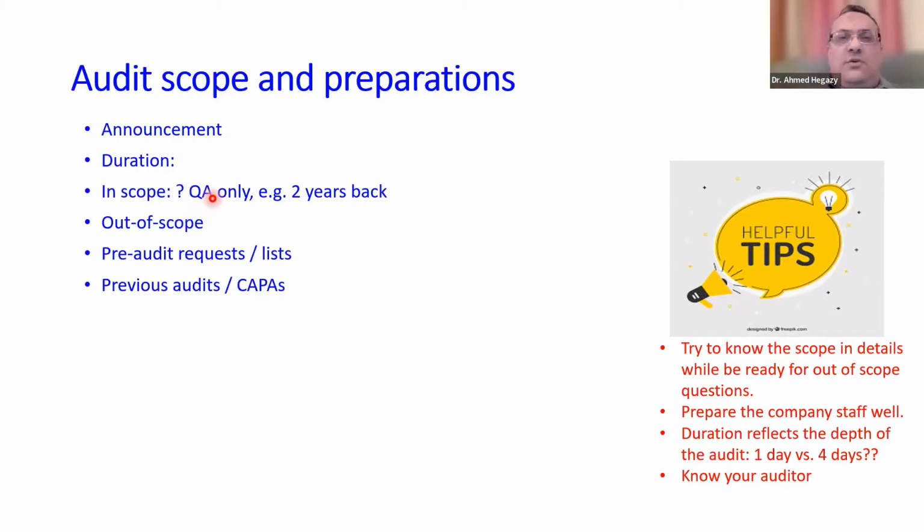Will it focus on quality issues, quality assurance issues, or will you focus on other stuff? I would like to know the scope. And the scope includes also the duration. Will you ask me for data and documents for 2 years back, or 1 year back, or more or less? So we would like to try to understand what is in scope and what is out of scope.